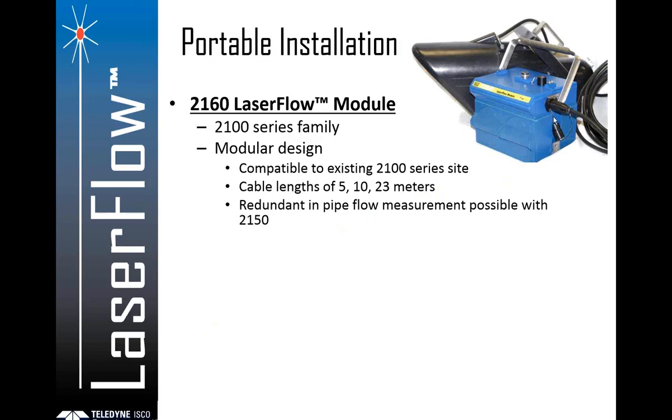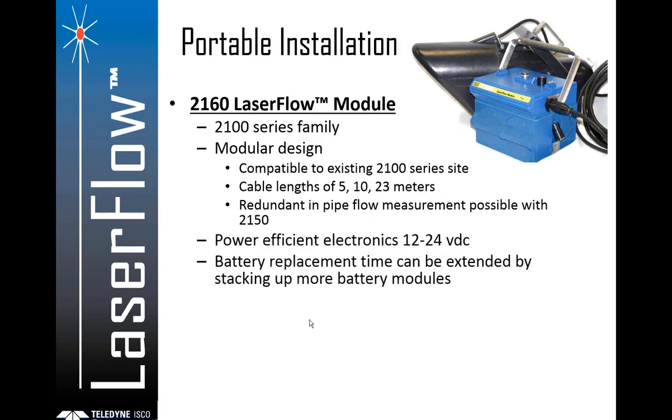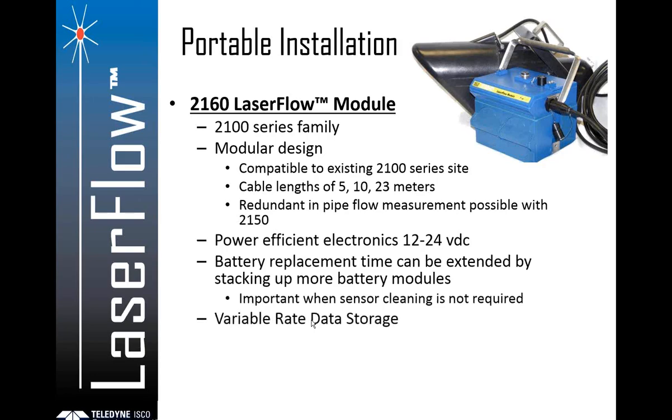As we mentioned, we can also go with the Signature flow meter. So we have really power-efficient electronics with this system. All of our flow meters have the ability for variable rate data storage.